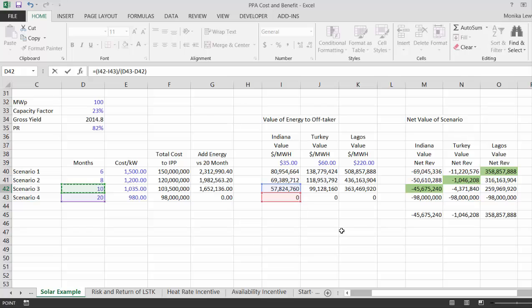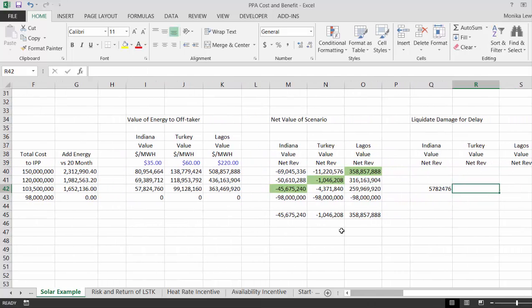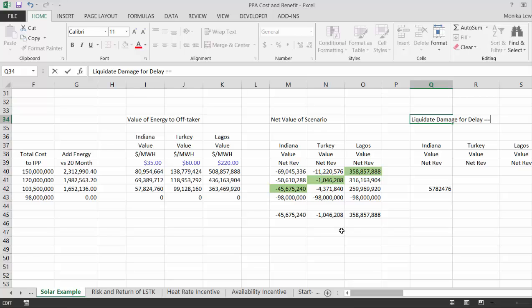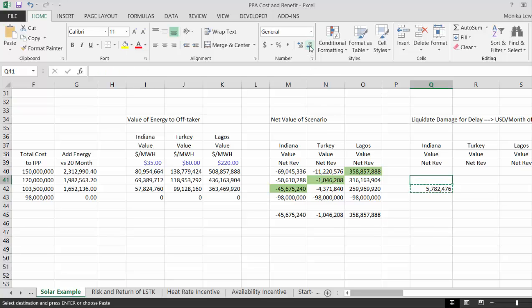Okay, so this is the liquidated damage in terms of USD per month of delay. Okay, that's how we'd get it. And I hope I can copy it and get the same number.